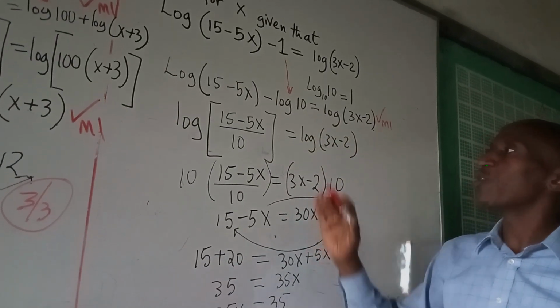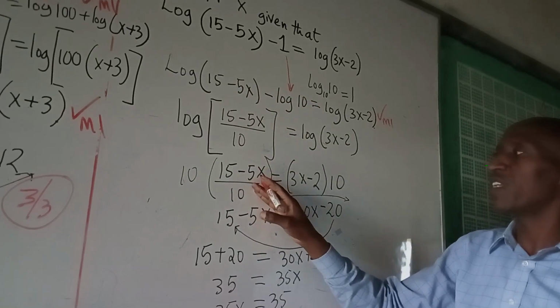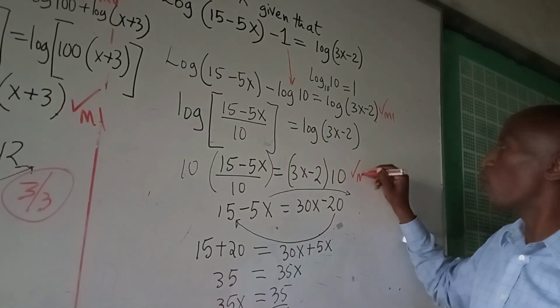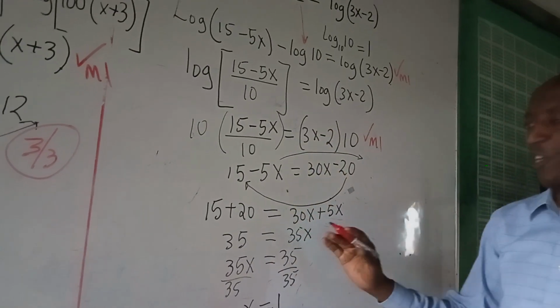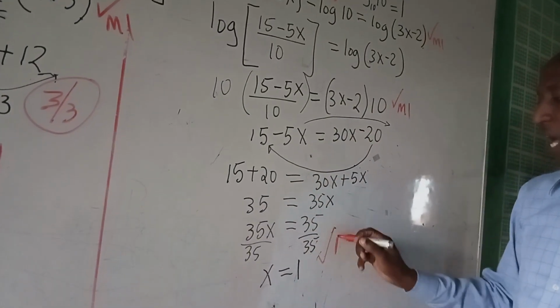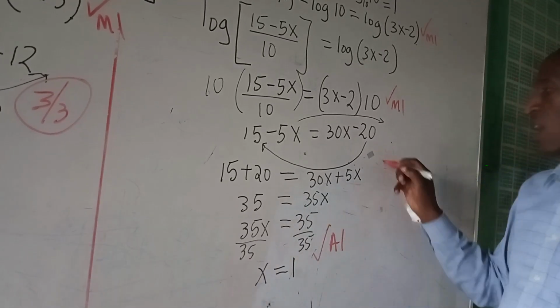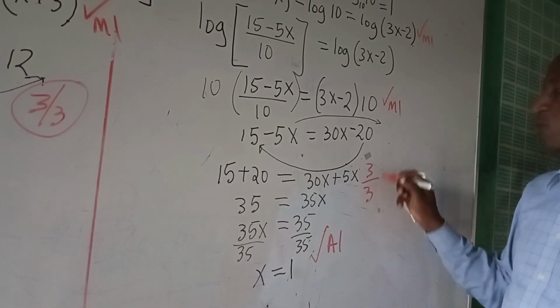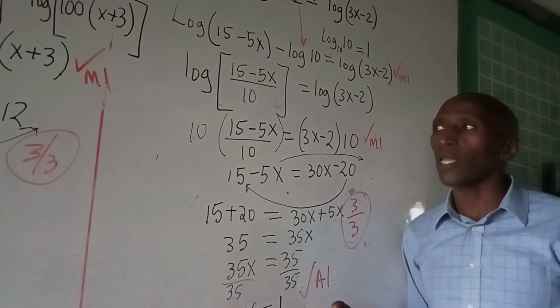Then the second step is where the student is able to see that we are subtracting logs, so we divide the numbers, another M1. And with the simplification, the student earns an A1 for the correct and accurate answer, and that way the student is able to get 3 marks out of 3 in this kind of question.